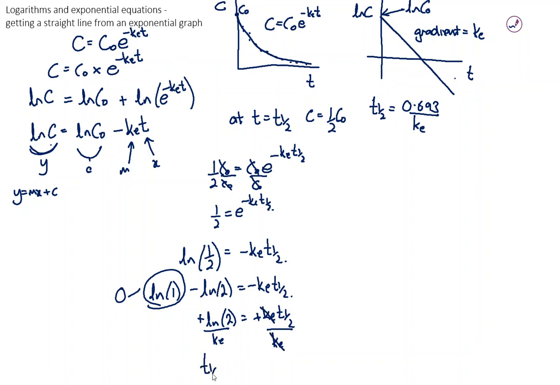So t half is ln of 2 over Ke, and ln of 2 is just 0.693 over Ke. That shows you how we got this original relationship between the half-life and Ke, and we've also shown mathematically why, if it's first order single exponential decay, you get a straight line on a log plot.